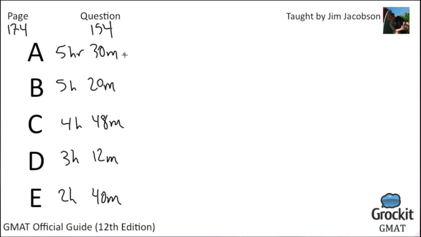Okay, so an empty pool being filled with water at a constant rate takes 8 hours to fill 3/5 of its capacity. How much more time will it take to finish filling the pool?